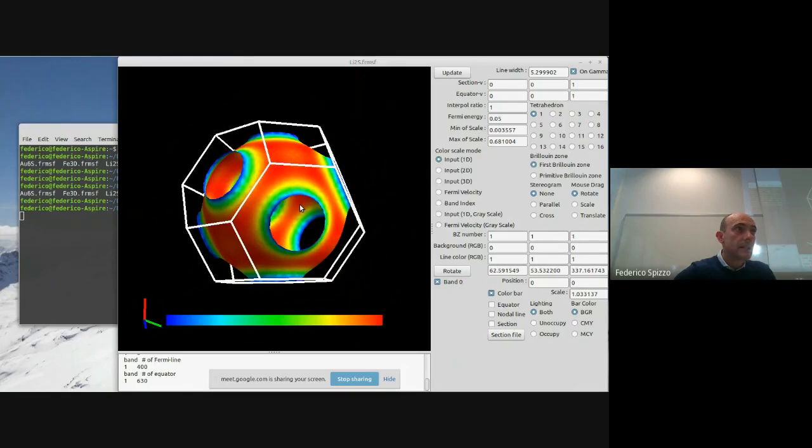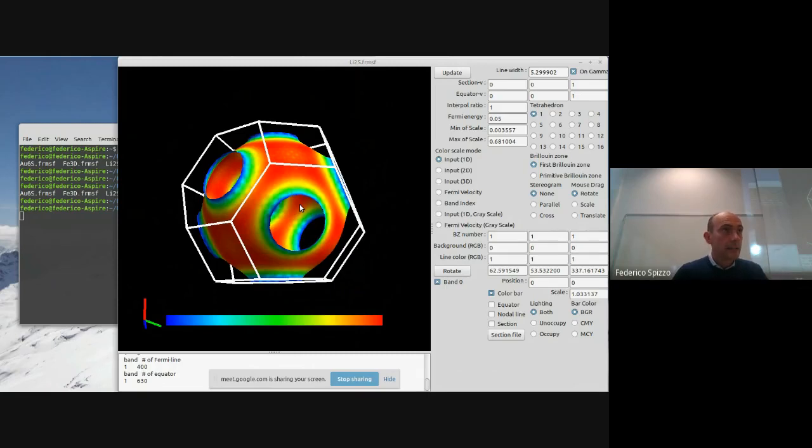So what is the conclusion? In principle, now I'm looking at the surface of something that is not a free electron metal, because here I have a strong distortion with respect to the free electron case.